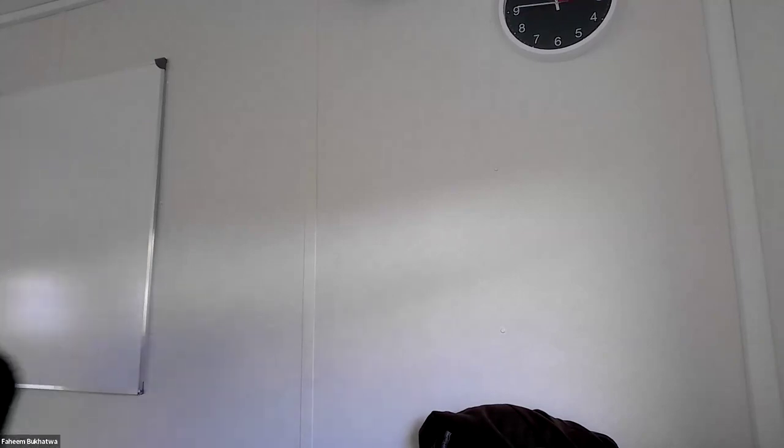Now, how do we avoid a deadlock? Using Banker's algorithm. How do we prevent a deadlock? Eliminate one of the conditions from a system, and that would be a prevention of deadlock.